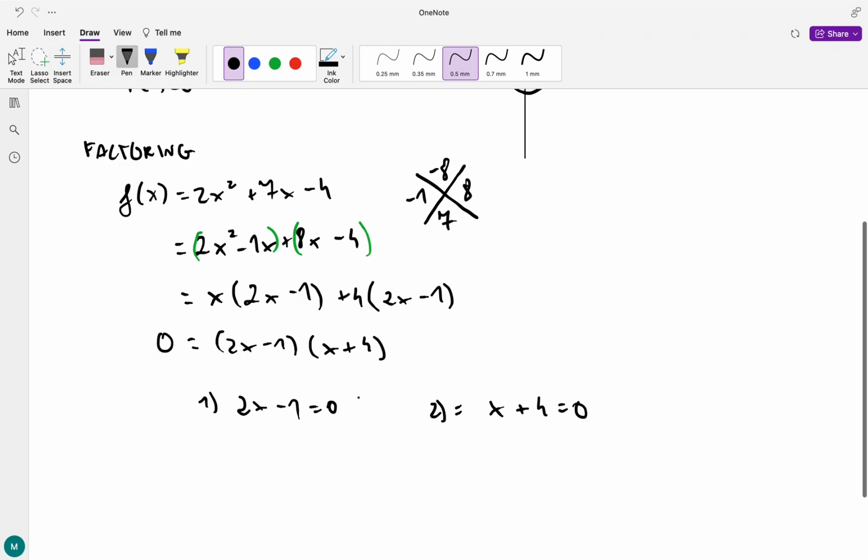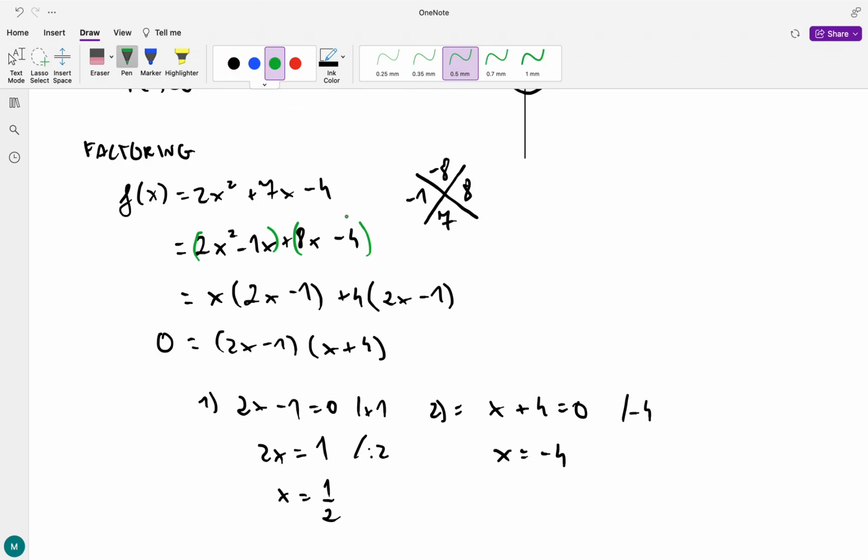In this case, we need to add 1 to both sides, and it's 2x equal to 1. Let's divide by 2, and x is equal to 1/2. In the second case, when we subtract 4, we're going to find out that x is equal to -4. So we have two solutions, 2 zeros, 2 roots, done.